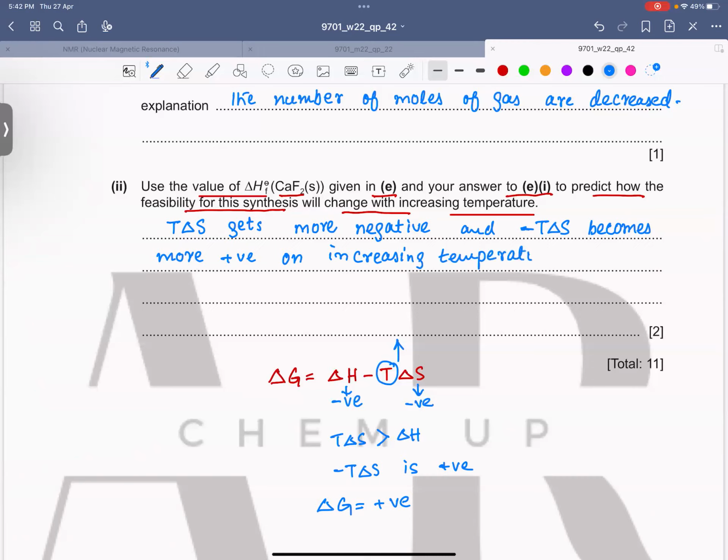The change in Gibbs free energy would become positive. So the reaction gets less feasible, or its feasibility decreases. Sir, yes. Is this part understandable to everyone?